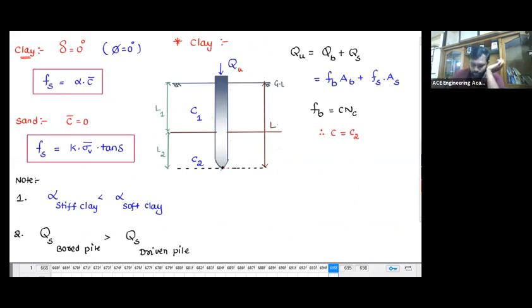And what about FS? Alpha into C bar. This alpha value is C2. So I have to take it as a weighted average.